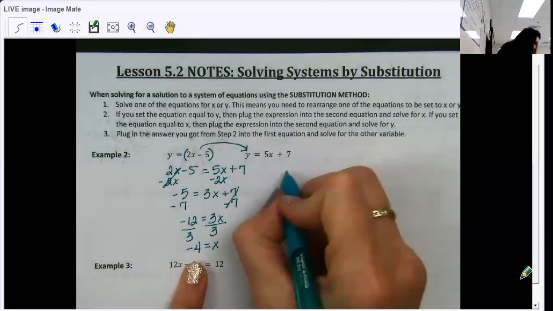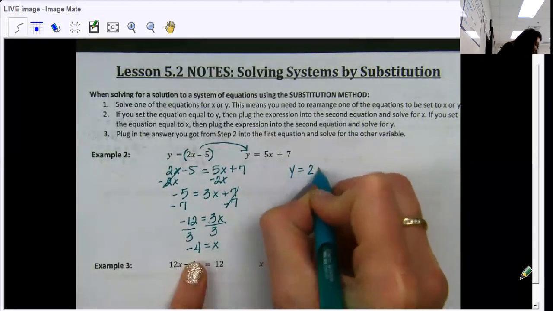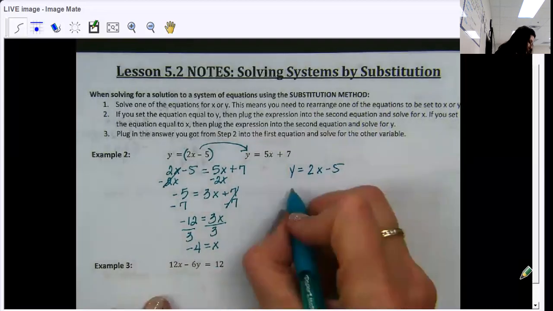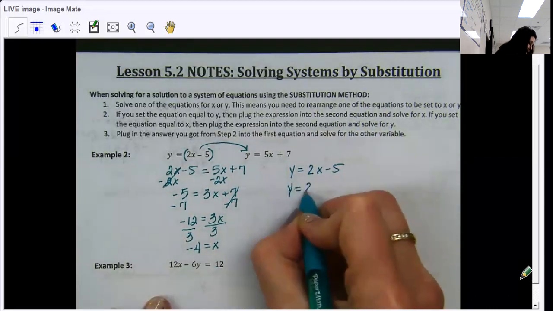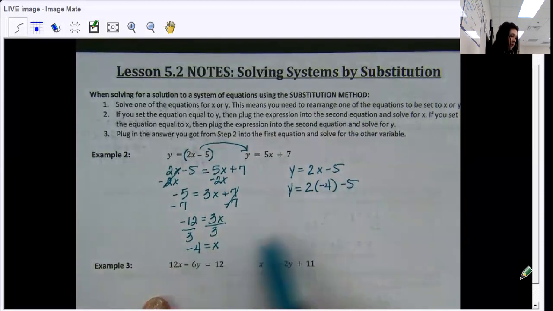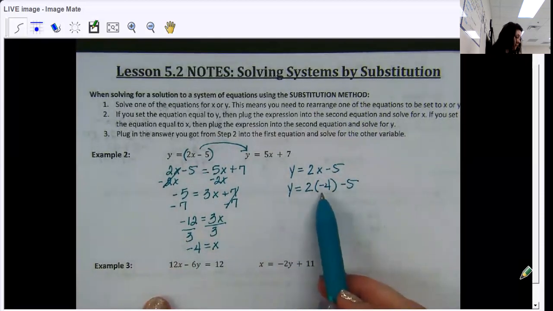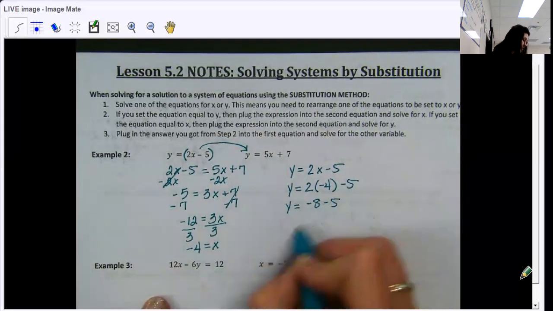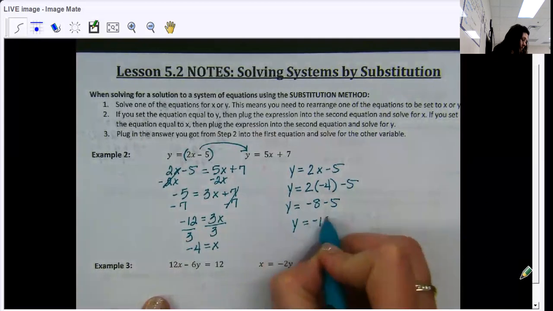So I'm going to take this first equation, y equals 2x minus 5, and I'm going to substitute the -4 into where the x is right here. I just plugged it in there. So we have y equals -8 minus 5, y equals -13.